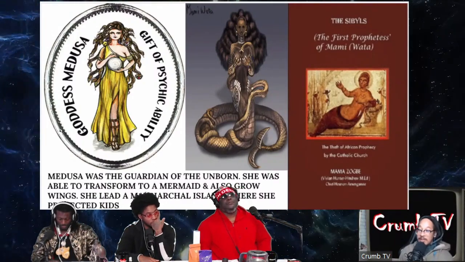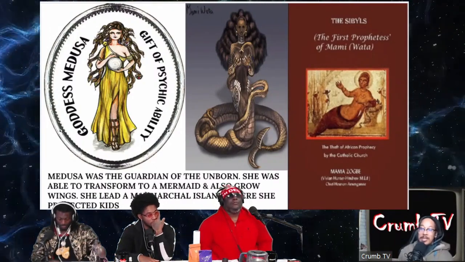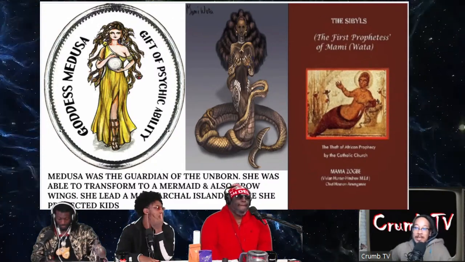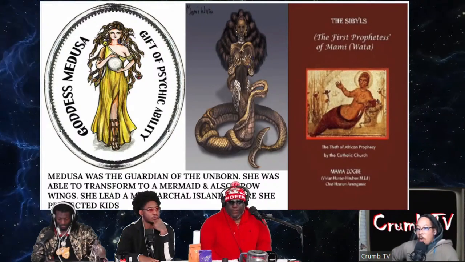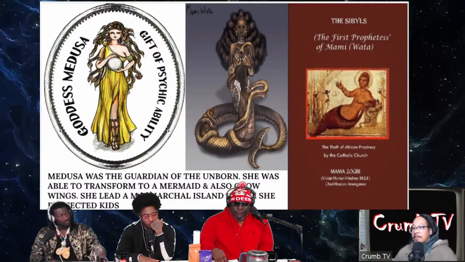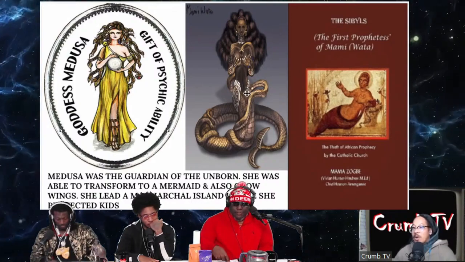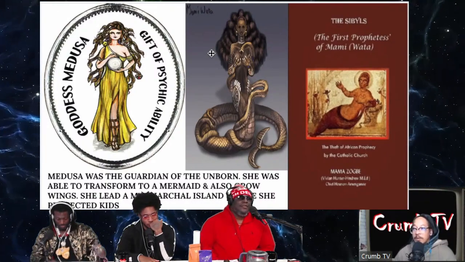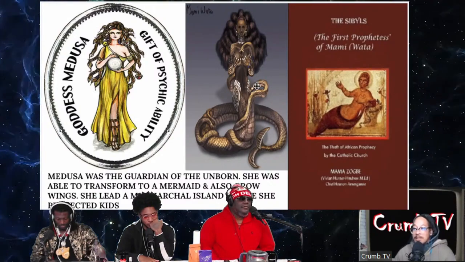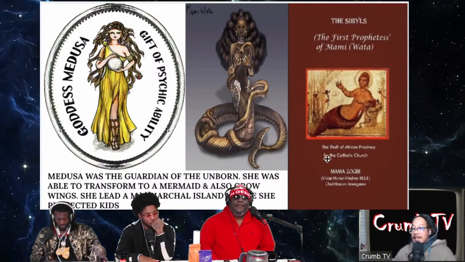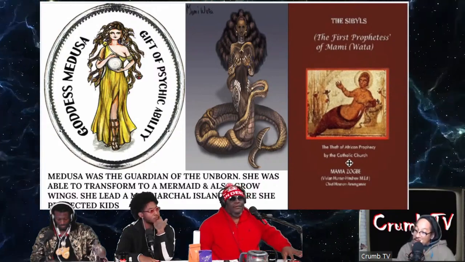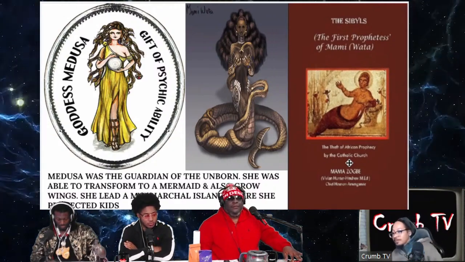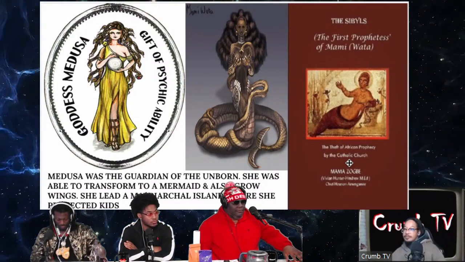But yeah, you're going to see where Medusa was once a beautiful psychic oracle. And this is equivalent to Mami Wata, or the Sibyls, the first prophetess of Mami Wata. And that was the theft of African prophecy by the Catholic Church.